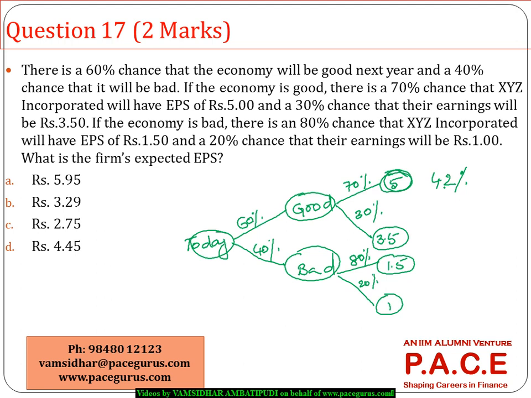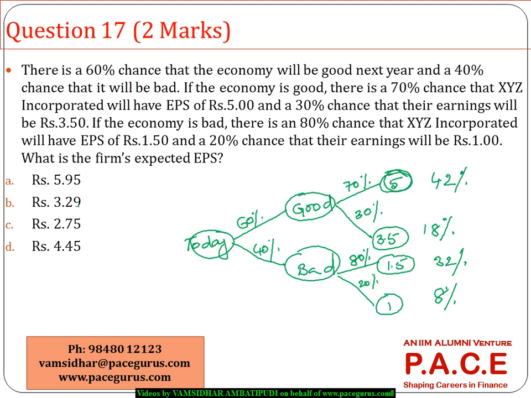So there is a 42% chance of getting a 5. 60 into 30, 18%. So this is how the 60% is split across these two positions. Similarly, in case of bad, 40 and 80, which works out to 32%, and this works out to 8%.